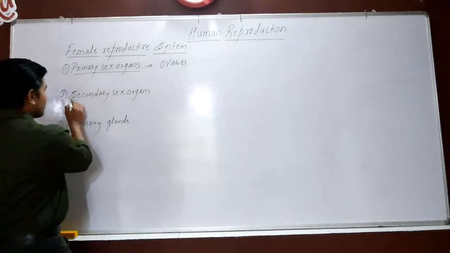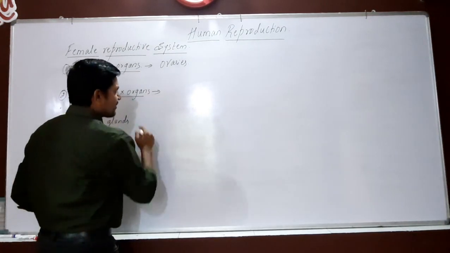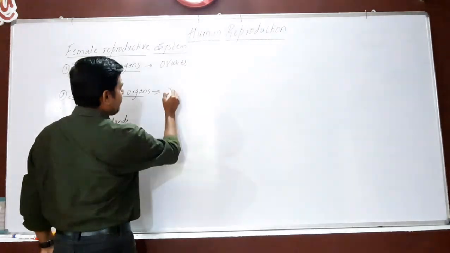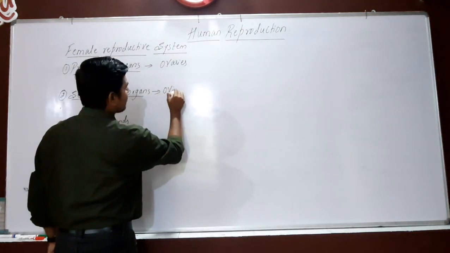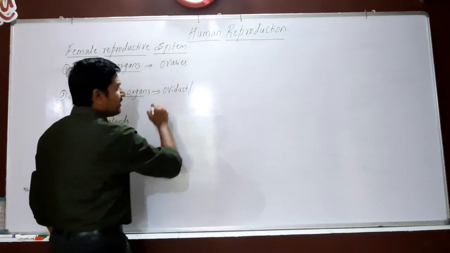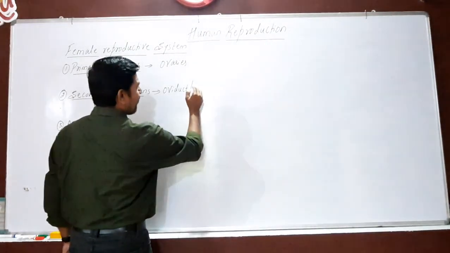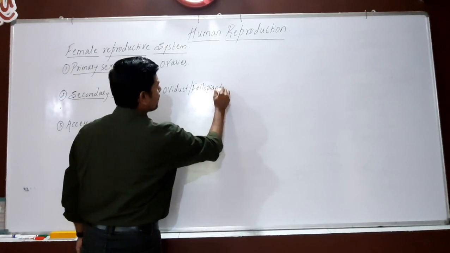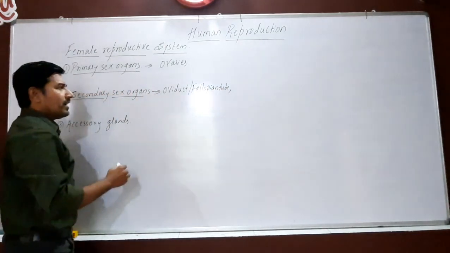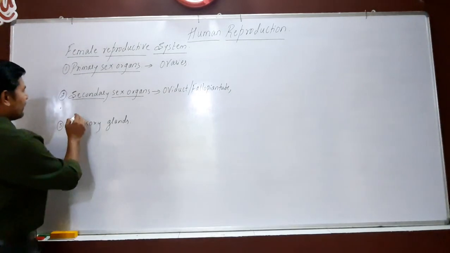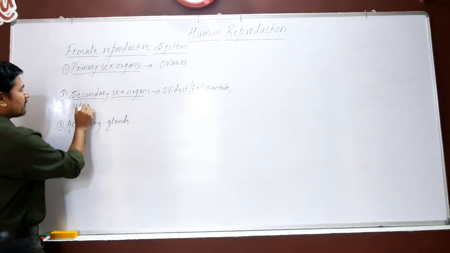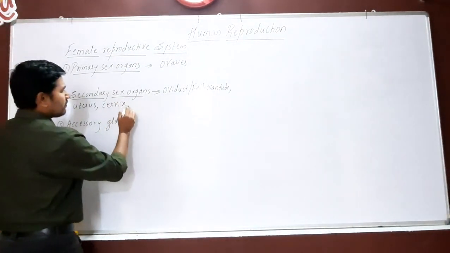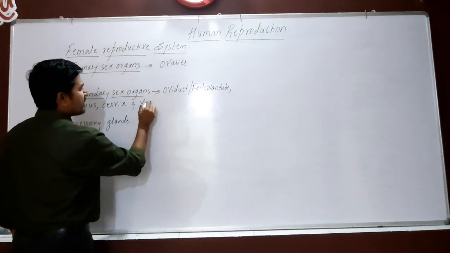Secondary sex organs include certain structures that arise from the ovary, that includes the oviduct. This oviduct is also called a fallopian tube. Then uterus, cervix, and vagina.